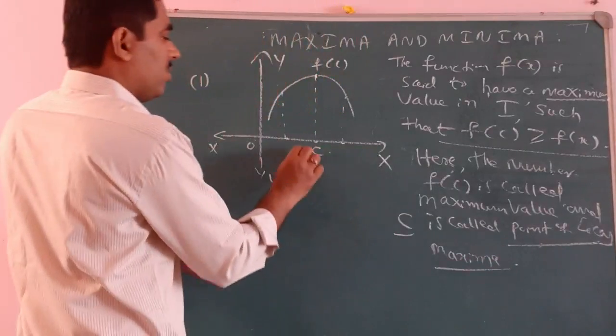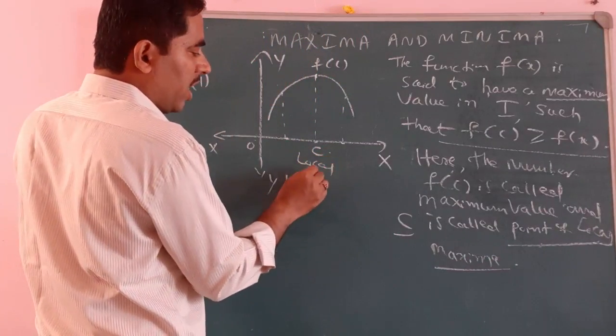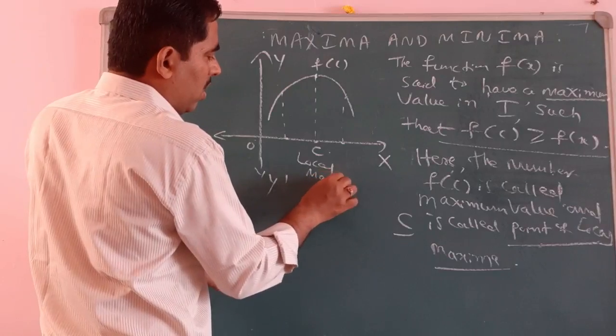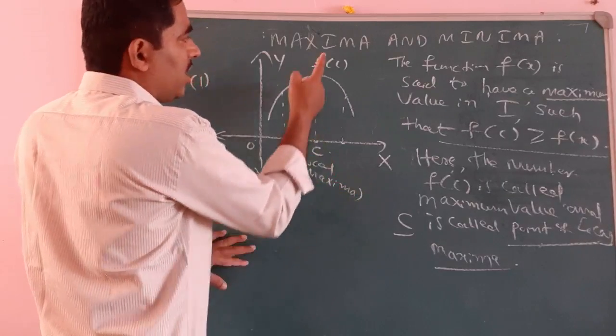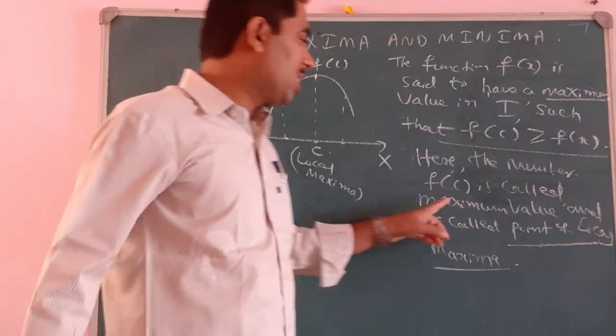We have explained this earlier: point of local maxima, and this value is called the maximum value.